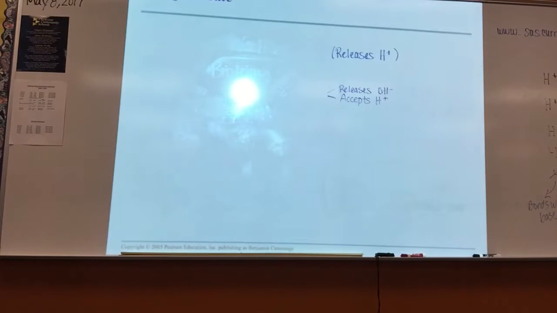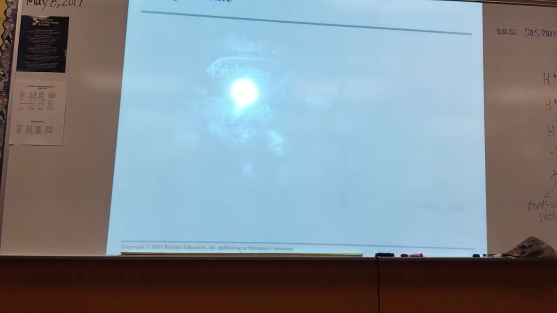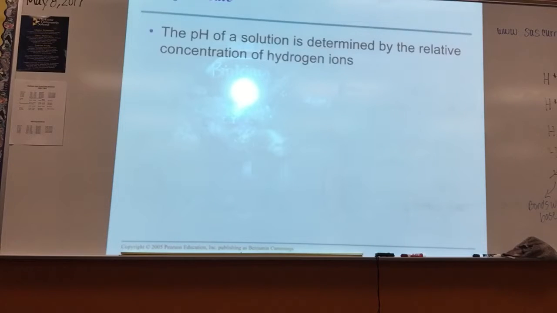And so we measure hydrogen ion concentrations and how acidic or basic a substance is by the pH scale. The pH scale of a solution is determined by the relative concentration of hydrogen ions.